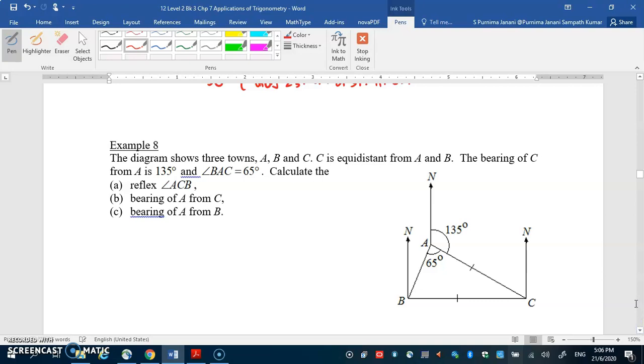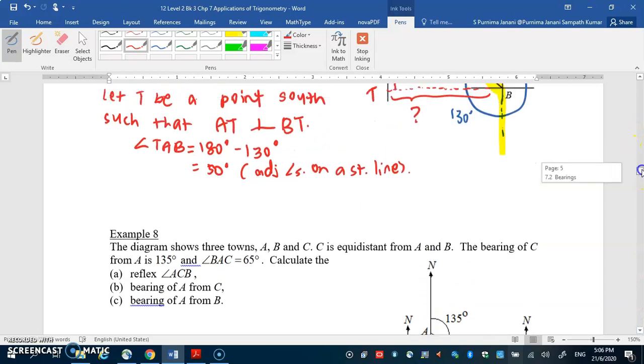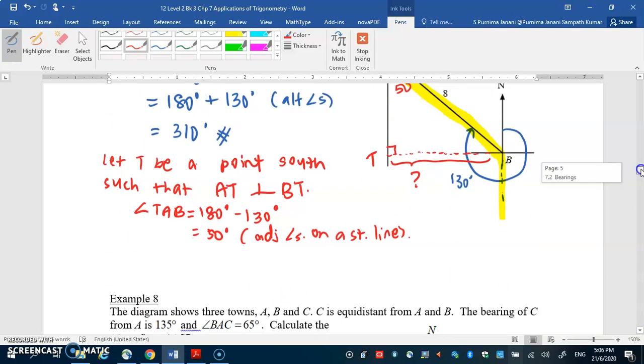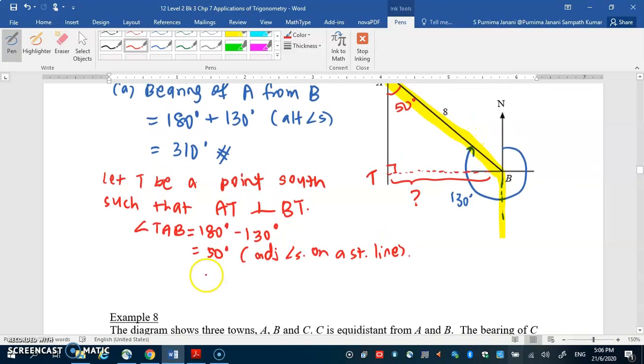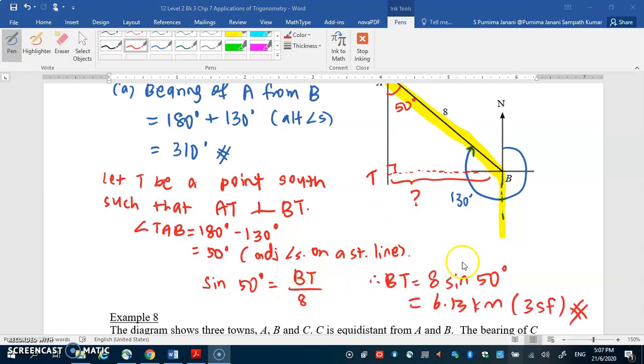Then, because you want to find side BT, you will use sine 50, which is opposite BT over hypotenuse, which is 8. Therefore, BT equals 8 times sine 50. Answer to 3 significant figures is 6.13 km. Yay!